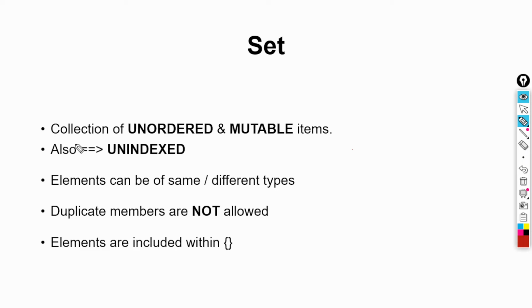Okay, so sets are a collection of unordered items. Here, this is important: both lists and tuples were ordered. However, a set is unordered and mutable. It is also unindexed.